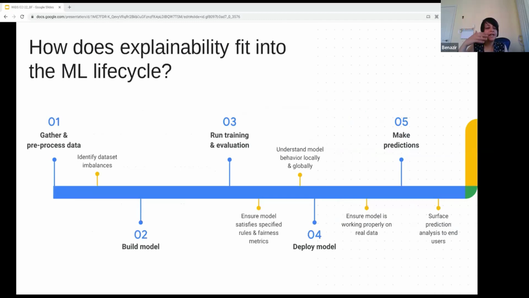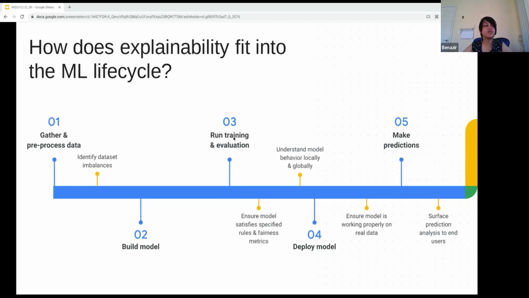You want to create a model to accept or deny loan applications. Right from the point where you ask what will be my training data, explainability and fairness should be part of your consideration. How would you identify if that data set fairly covers the population that you're going to serve?